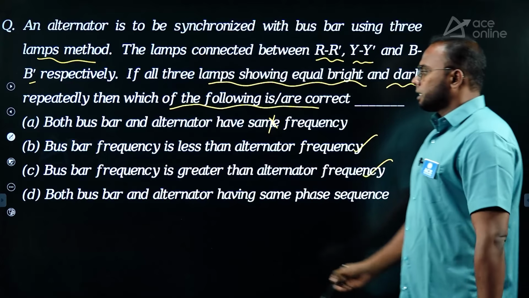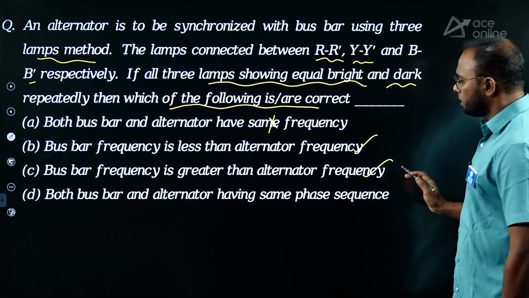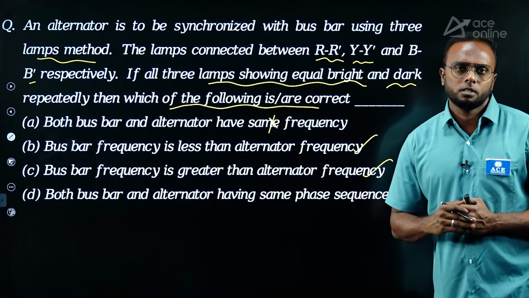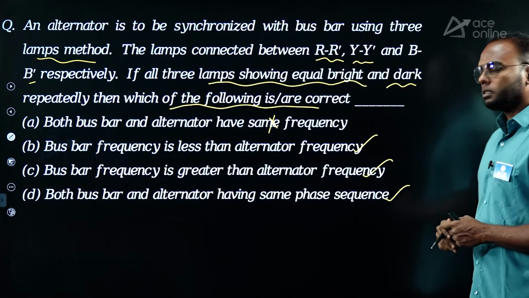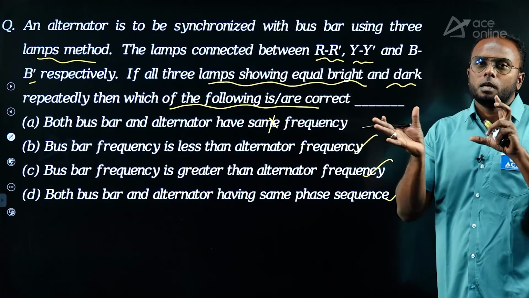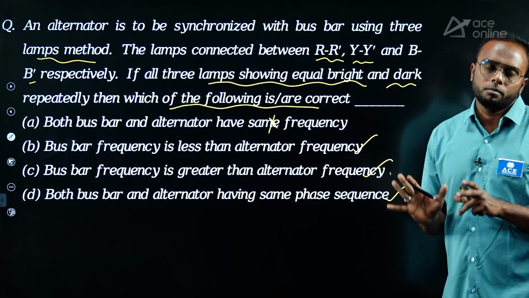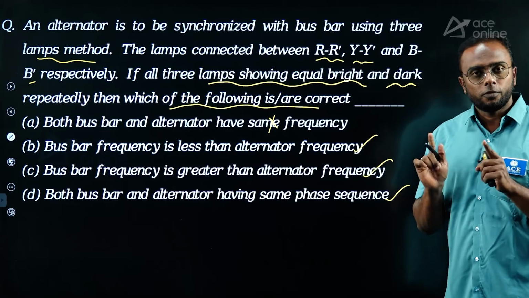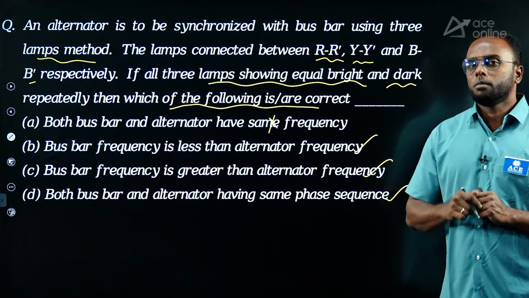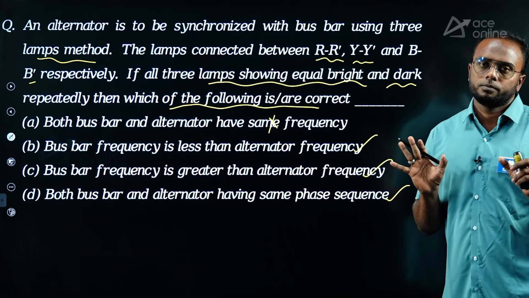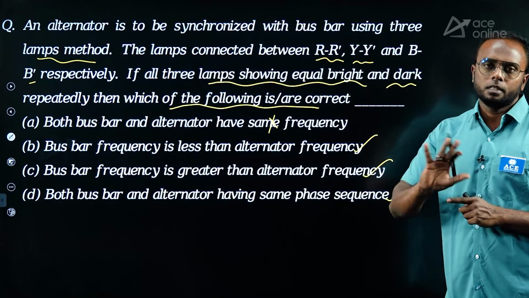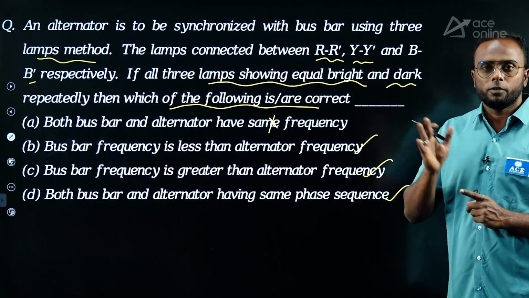Next, both busbar and alternator having the same phase sequence. Is this right or wrong? Yes, 100% right. Because if the alternator phase sequence is the same, then all 3 lamps are dark at a time and bright at a time. Otherwise, if phase sequences are different, you never get all 3 lamps with the same brightness and darkness. Maybe 2 lamps equally bright and the other lamp dark. So there is a chance of a different phase sequence.